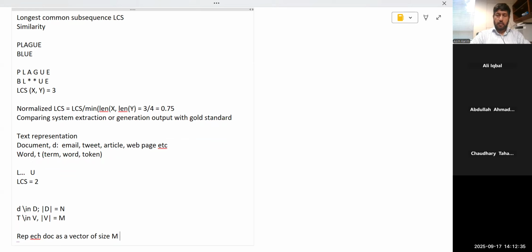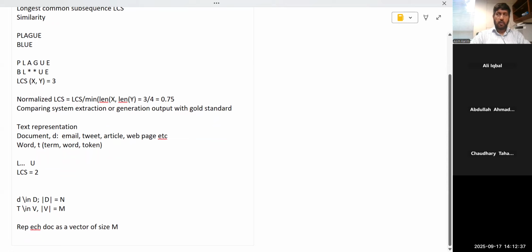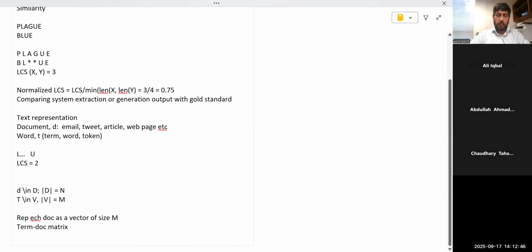Okay? And if you collect all the representations in the collection, we have what is known as a term doc matrix. So what will be the size of the term doc matrix? How many terms do we have? Those would be the number of rows, by N. Of course, the shape of this matrix can be in different forms.